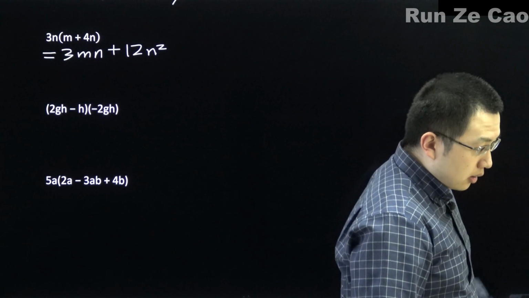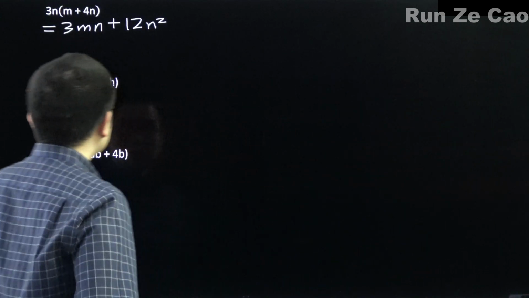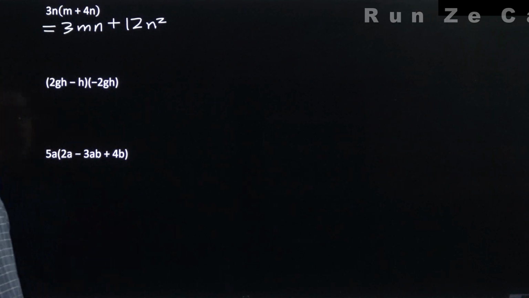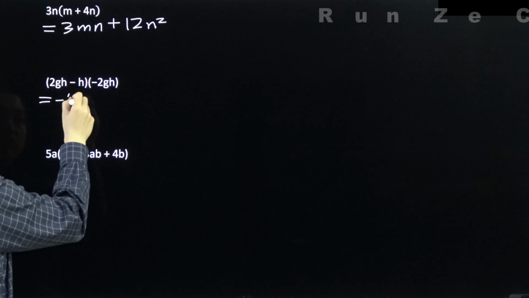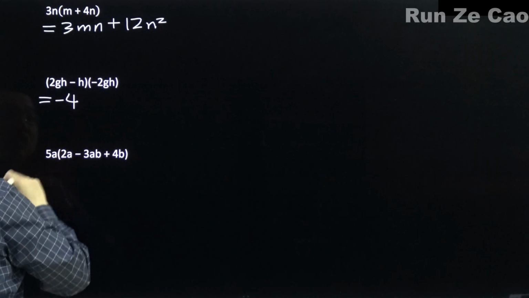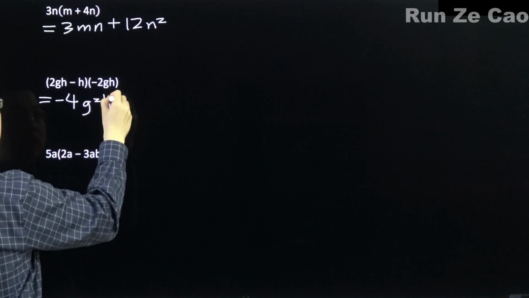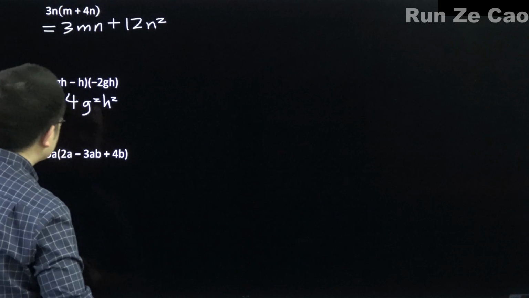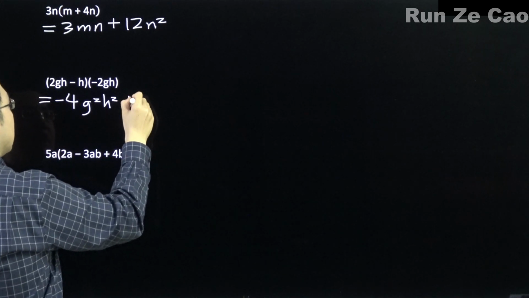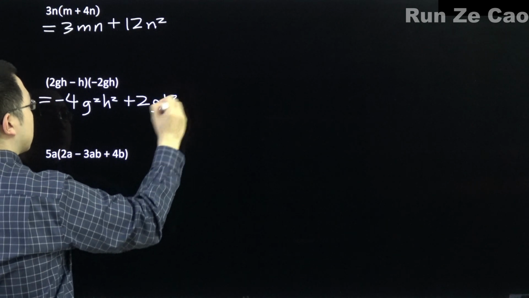Next is 2gh minus h times negative 2gh. Okay then, the first term is 2 times negative 2 for negative 4 for the coefficient. Gh times gh gives us g squared h squared. And then negative h times negative 2gh will leave us with plus 2 for the coefficient, and then gh squared.